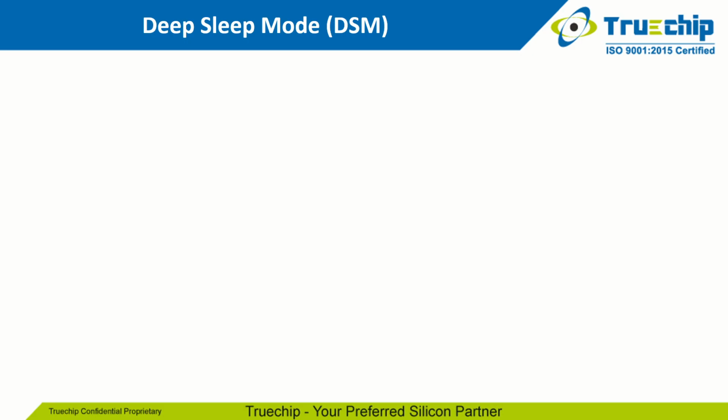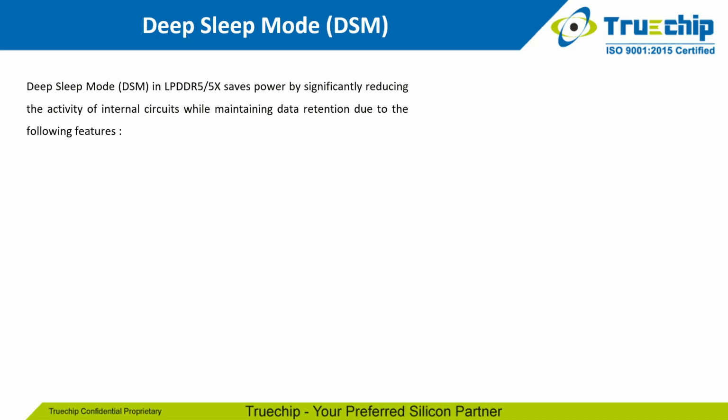Going forward, let's see how deep sleep mode, that is DSM, works, which makes LPDDR5 5X more power efficient. Deep sleep mode saves power by significantly reducing the activity of internal circuits while maintaining data retention due to the following features.